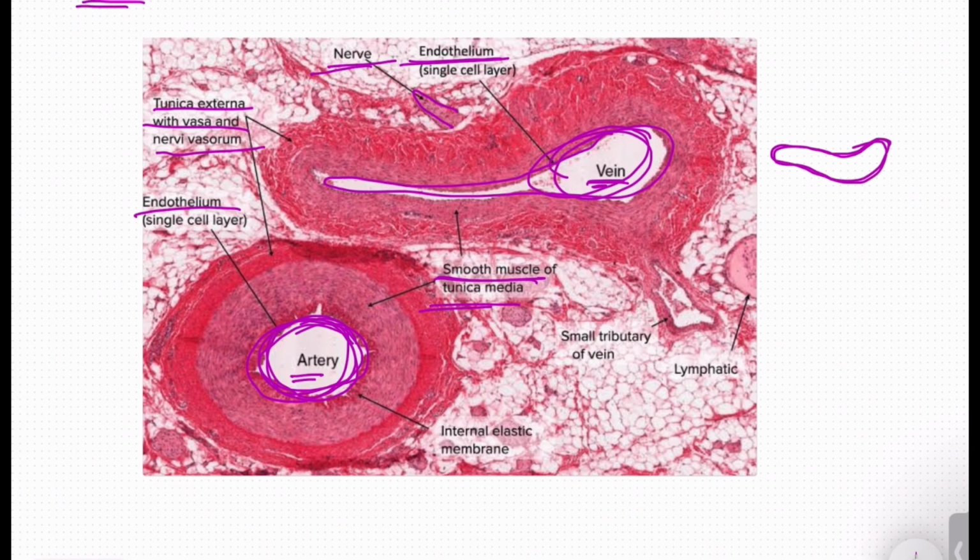But you can differentiate vein and artery on the basis of the lumen. In a vein, the lumen will be narrower and compressed. You can see the vein compressed, whereas the artery is not compressed. The lumen of the artery is firm, whereas in the vein it is compressed.